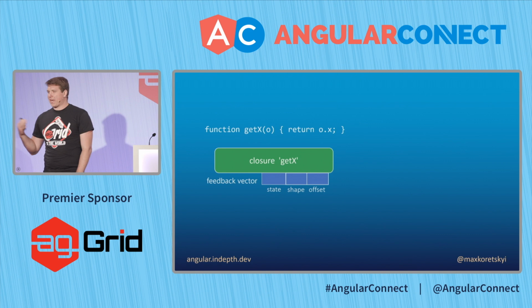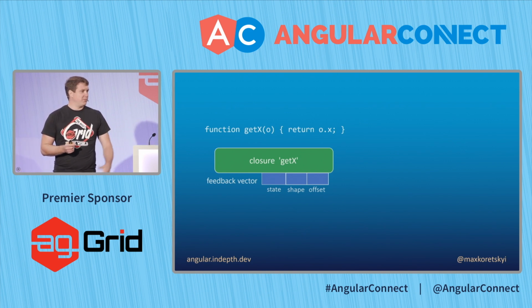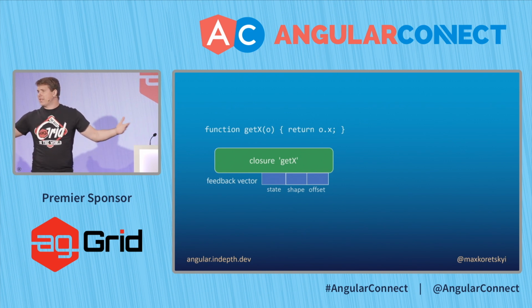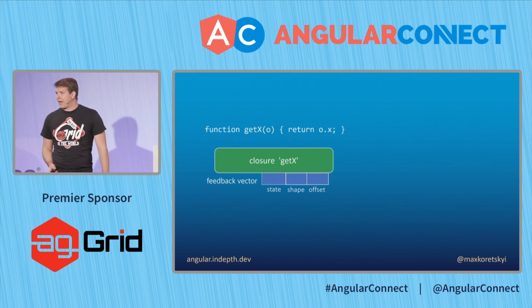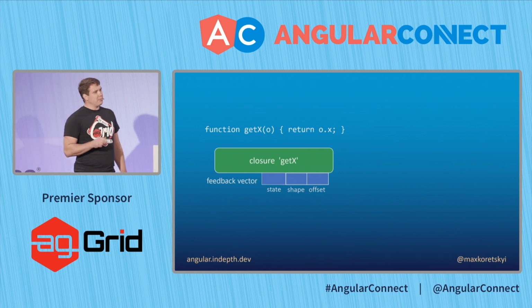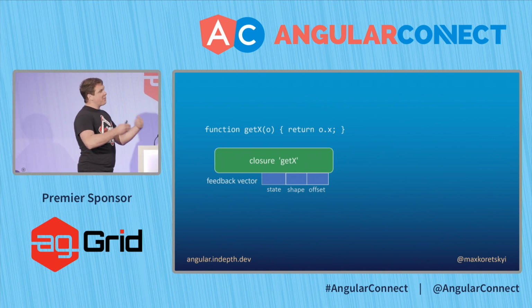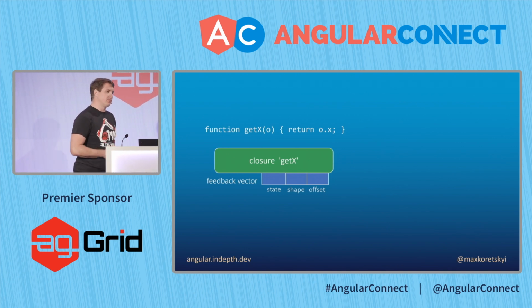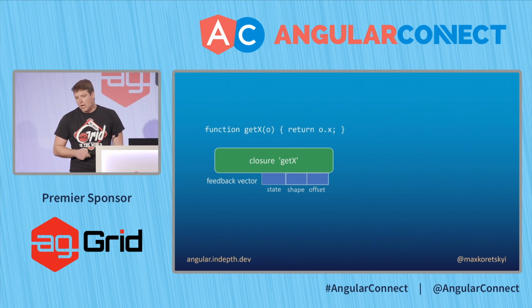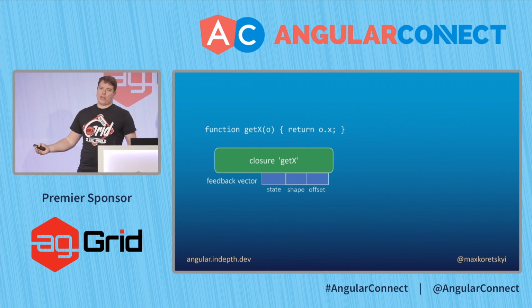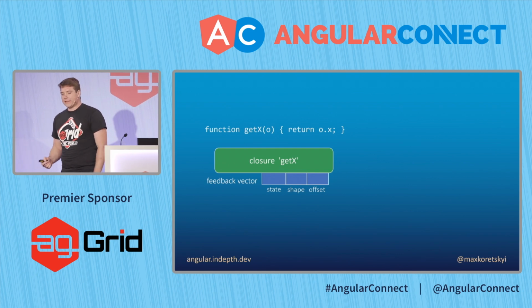It's called a feedback vector. This is the terminology VM uses. You can think of it as just a very, very big array. And for each particular property access inside the function, and this is important, VM creates a cache for every single property access. There is a cache there, and this is called an inline cache.